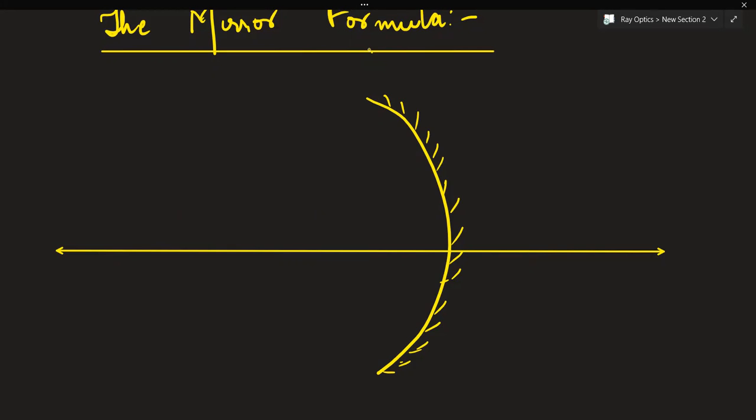Now see this again, the terms that we have already discussed. This is P. This is the center of curvature. This is the focus, F. The object I've kept beyond C, because this is a generalized derivation, AB.